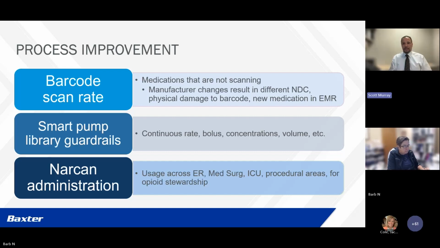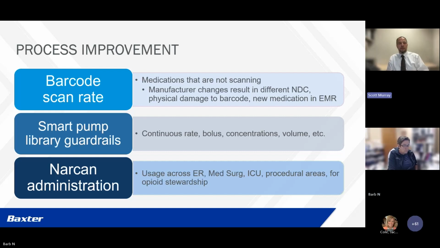Is it the fact that the barcode is damaged? Is it the fact that there are Medispan updates and the new NDC that the manufacturer is putting out just needs to be updated? And that keeps that going so we can keep that 95% barcode rate or higher for safety for our patients.